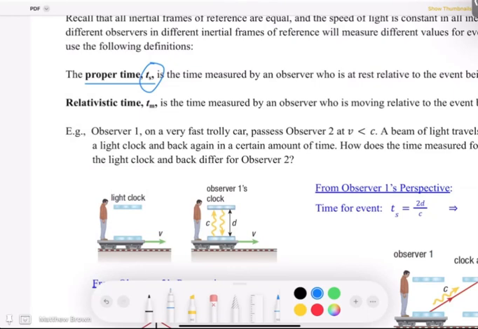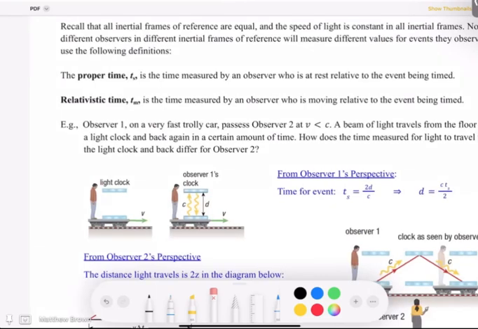If you're measuring something that is moving relative to your reference frame, so you're looking at somebody else in their reference frame that's moving relative to yours, then we're dealing with relativistic time, and we will use a subscript m for moving. I say that half in part to convince myself, because I always forget that.